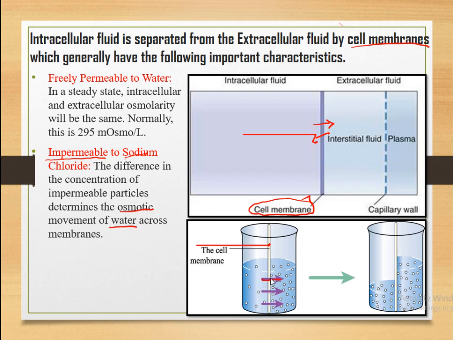The water will move either into the cell or outside the cell. When the cell is diluted, less concentrated, the water will move out of the cell. And when the cell is highly concentrated, water will move into the cell.